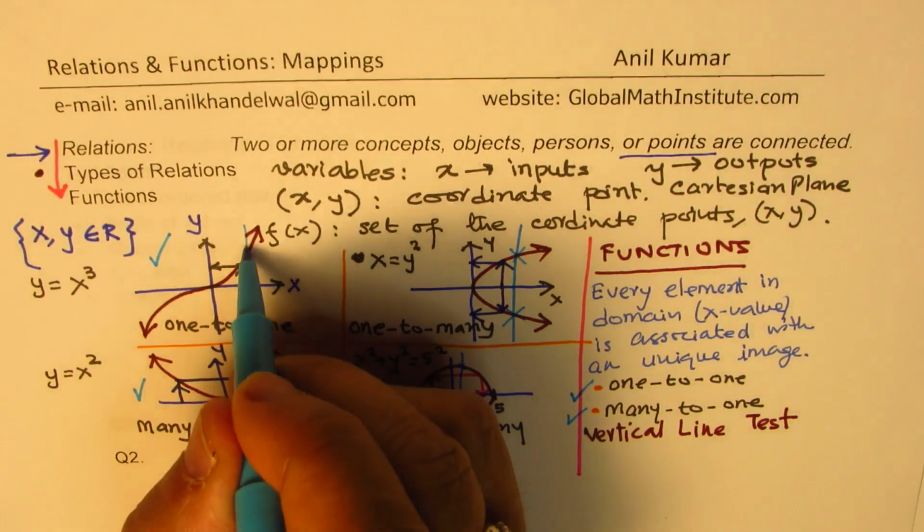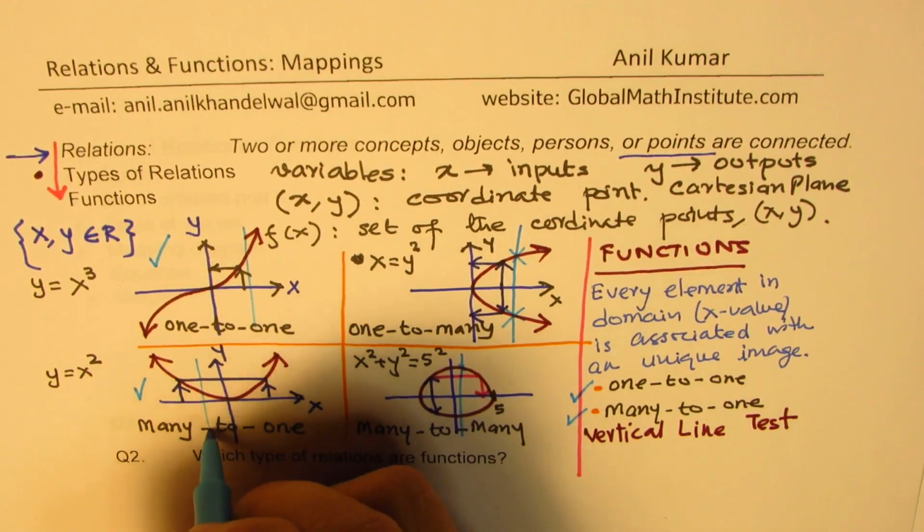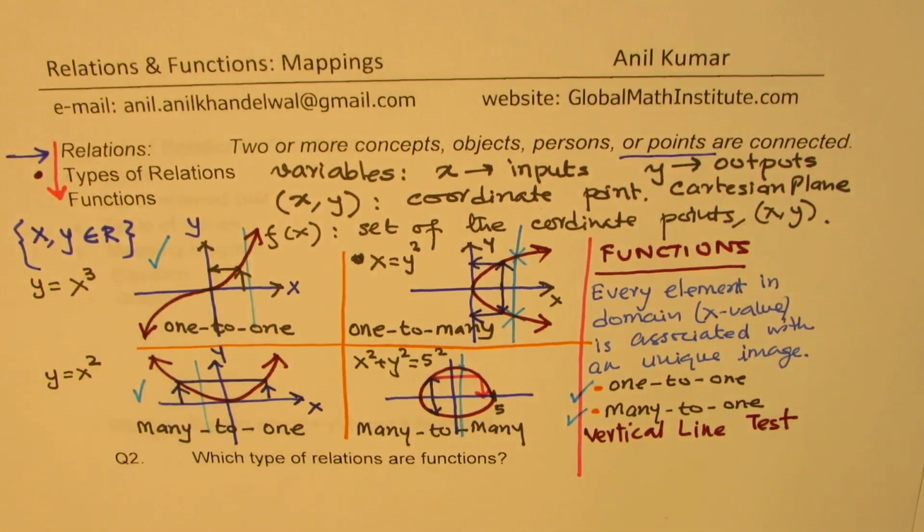Here if I draw a vertical line, it only intersects at 1 point, so these are functions. So vertical line test is a very simple test to check for functions when the graph is given to you. We'll further explore how do we figure this out when the equation is given to us.